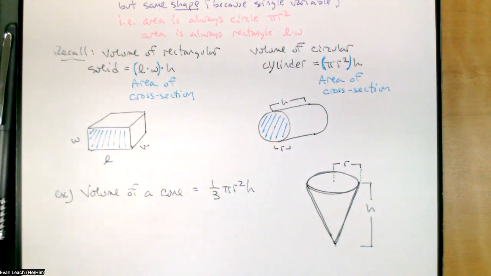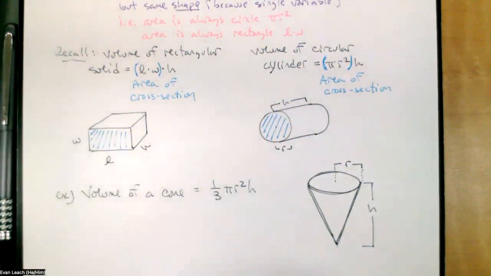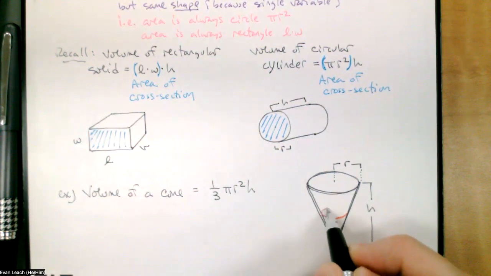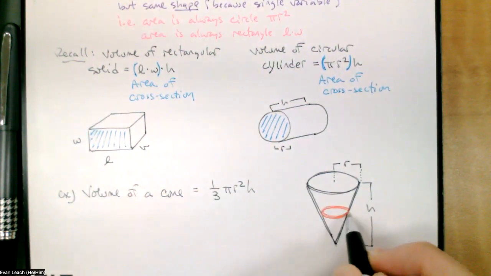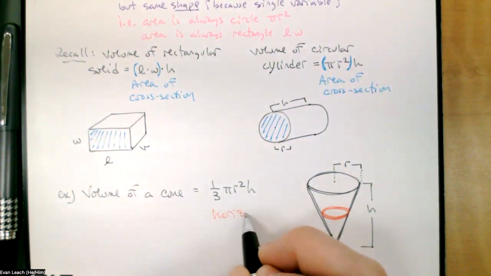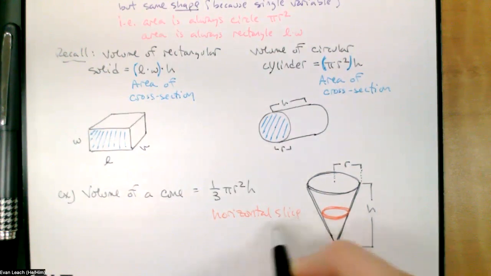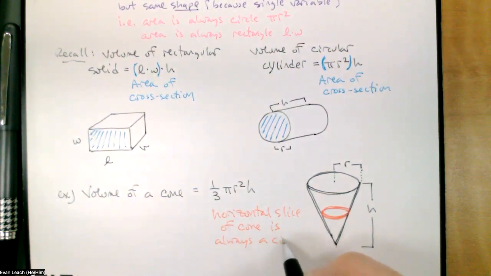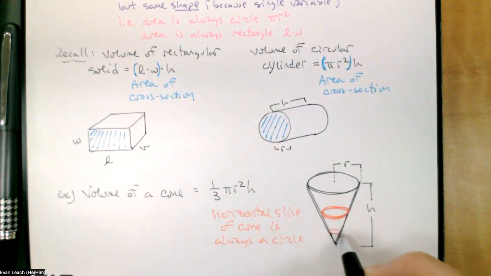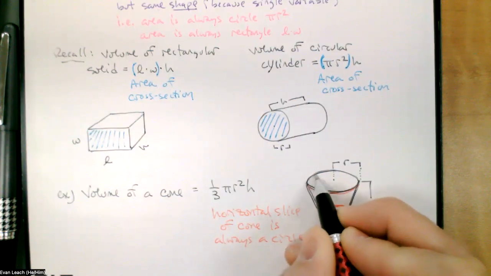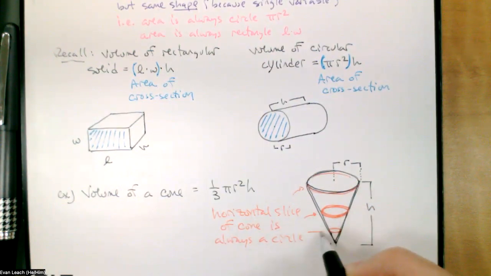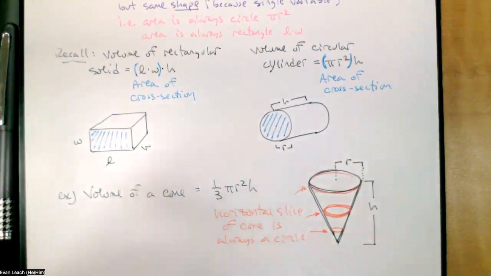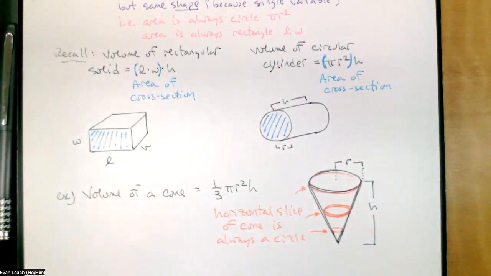The thing that we want to notice is that if we take a cross section, in this case, let's say I cut it horizontally, a horizontal slice of this cone is always a circle.